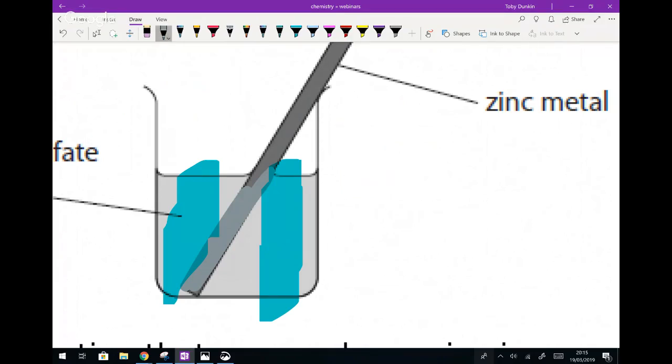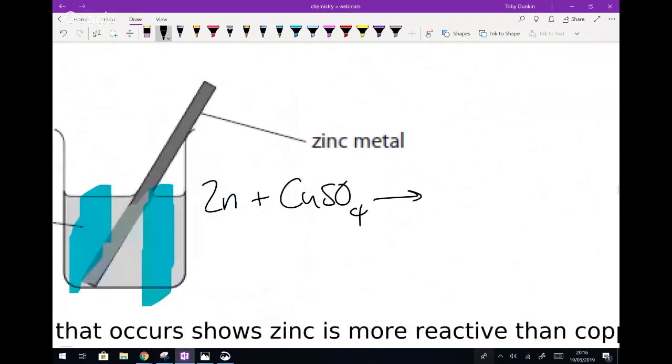The zinc metal is skinny. Come on. Zinc is going to react with the copper sulfate, and it's more reactive. It's going to take it. I'm going to form copper metal and zinc sulfate.